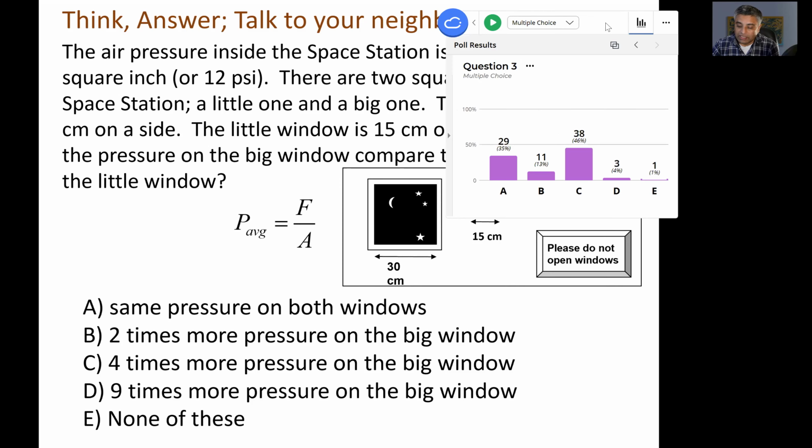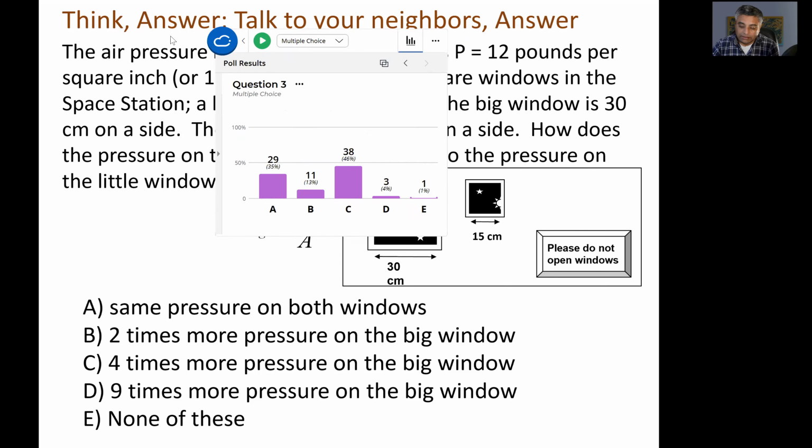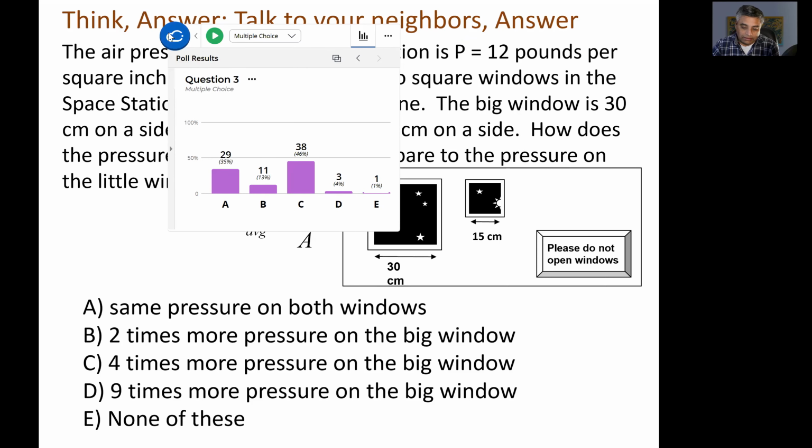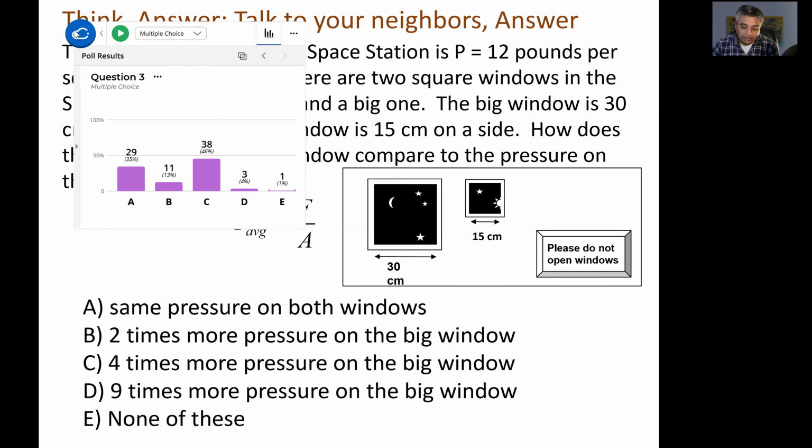Let's see what we got here. So let's suppose I'm thinking A is the correct answer. Am I right or wrong, and why? I think A is the correct answer because the pressure is 12 pounds per square inch in the space station.